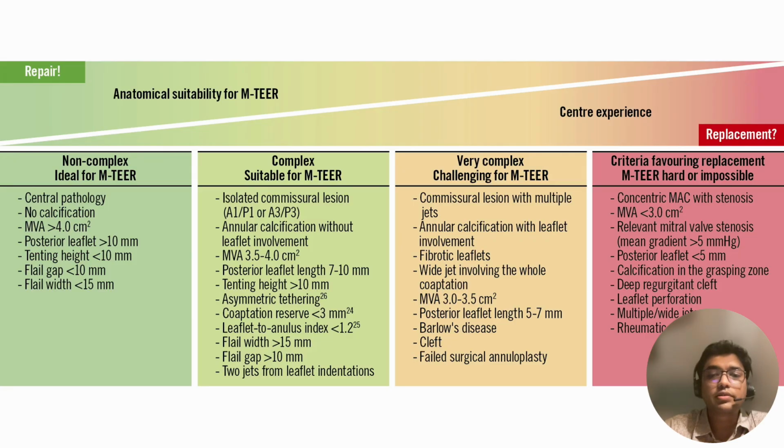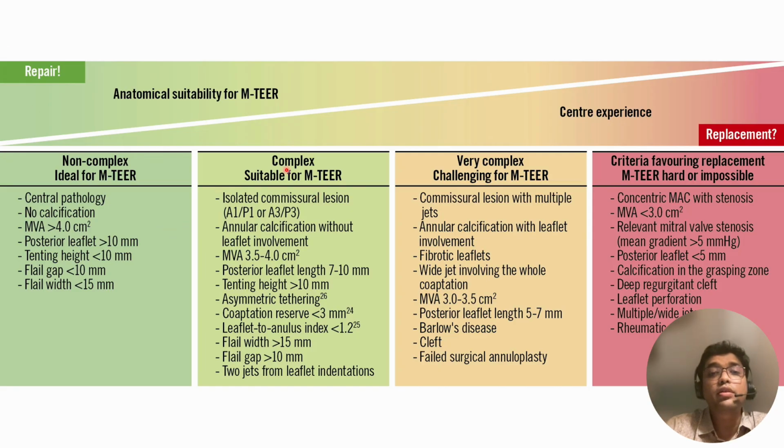Any center with less experience should start with an anatomically suitable, non-complex pathology for MTEER therapy. That should have a central pathology. There should not be any calcification, and mitral valve area should be more than 4, posterior leaflet more than 10, tenting height less than 10, flail gap less than 10, and flail width less than 15.